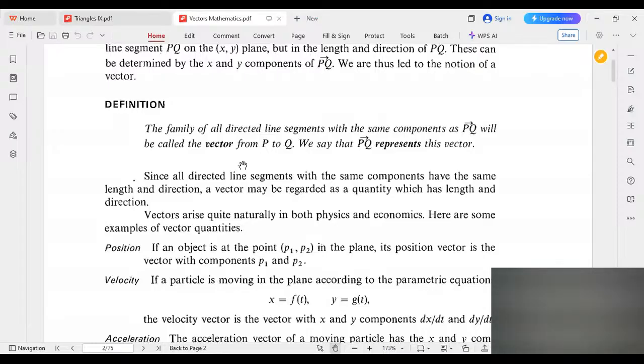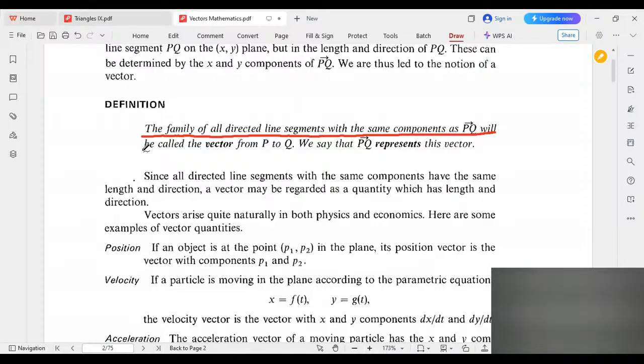If we have a proper idea about line segments and the components of the initial and terminal points of a line segment, then we have no problem understanding the vector. I underlined the definition of the vector.